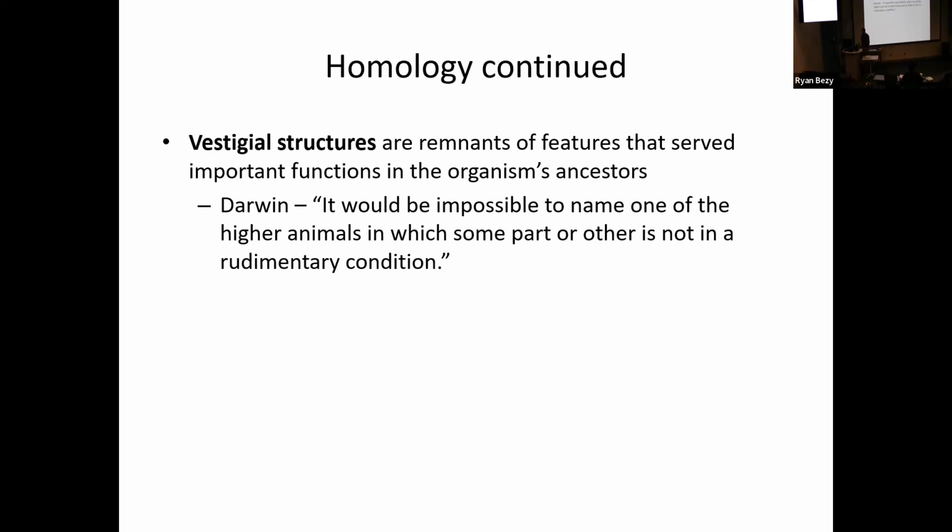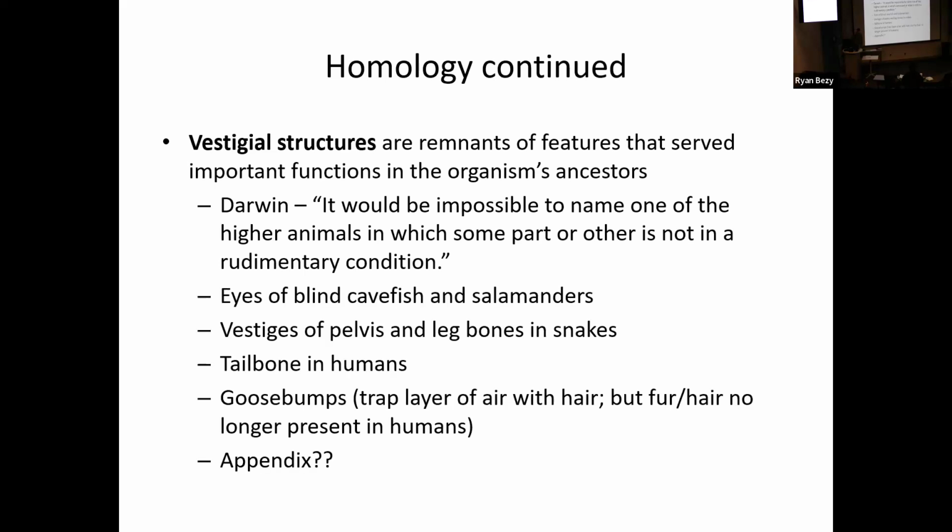They're non-functional versions of something that probably worked in a common ancestor. Darwin provided several examples of vestigial structures in On the Origin of Species, and there are many versions of this. Cavefish and cave salamanders are blind. They live in the dark all the time.